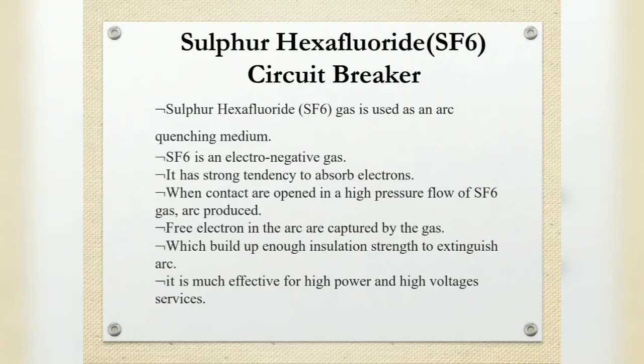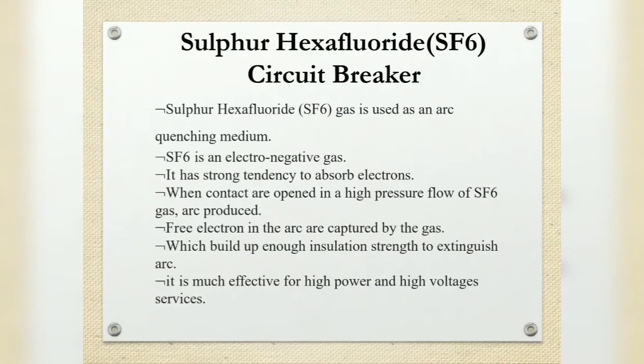It is 100 times more effective as an arc quenching medium. The SF6 gas has a dielectric strength 2.5 times that of air and 30% less than that of dielectric oil.